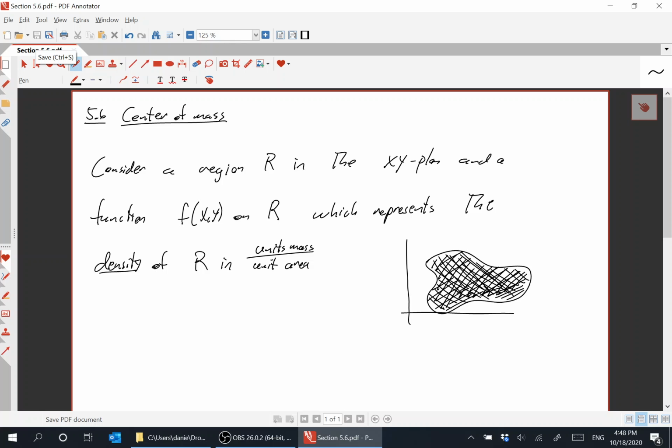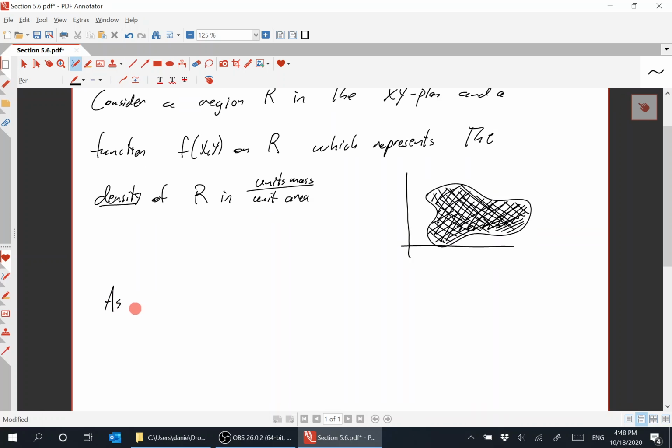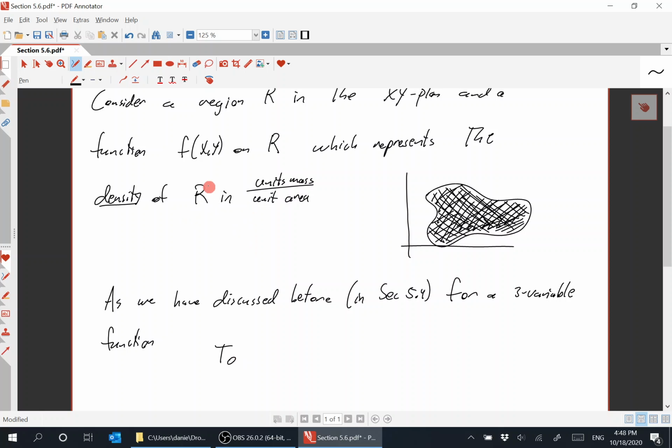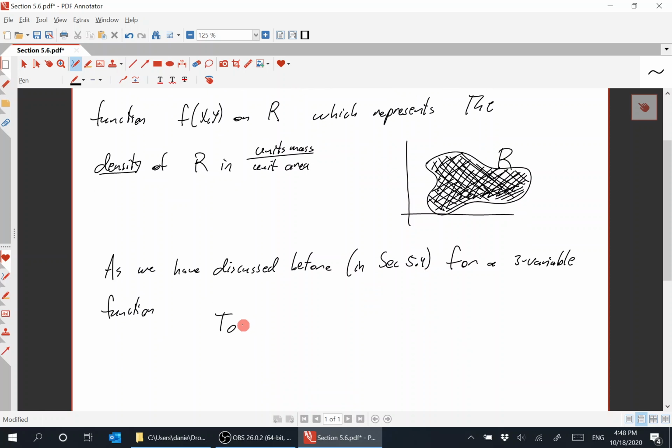As we discussed before, in section 5.4, for a 3-variable function, when you have this density function f on a region R, then the total mass is just the multiple integral, for however many dimensions you've got, of that density function.